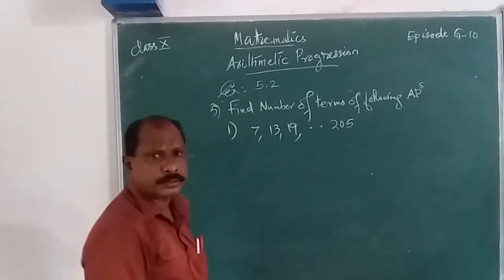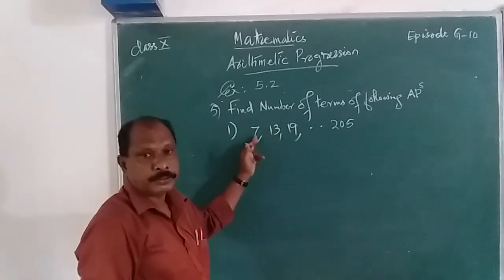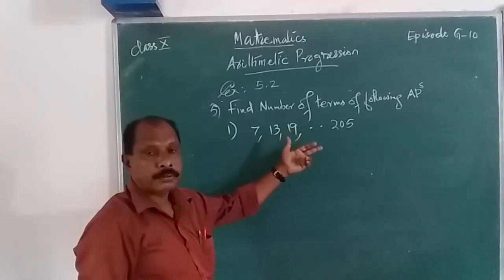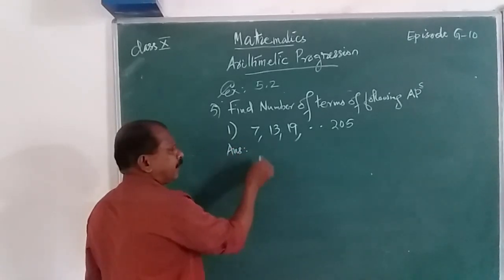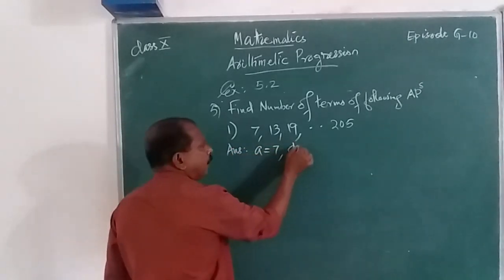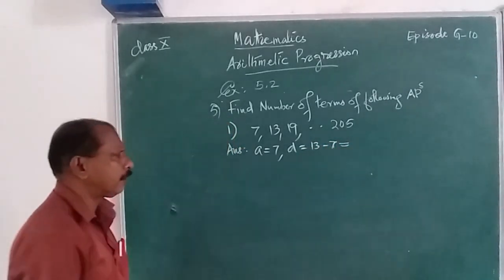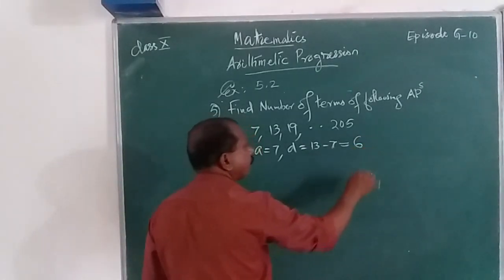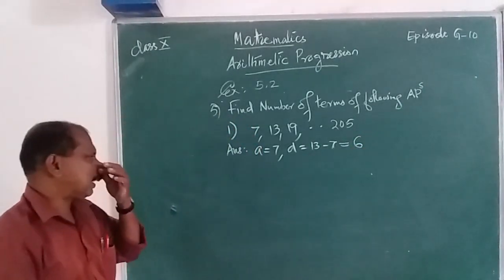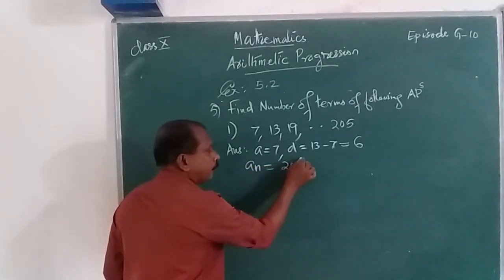Same process. The first term is A, and the common difference is second minus first. The last term is 205. It is a simple question. A is equal to 7. D is equal to 13 minus 7, which is 6. Then n: an is equal to 205.